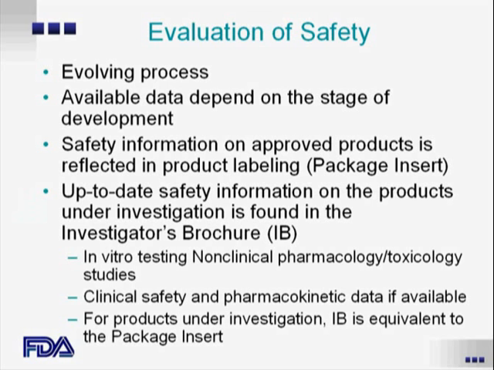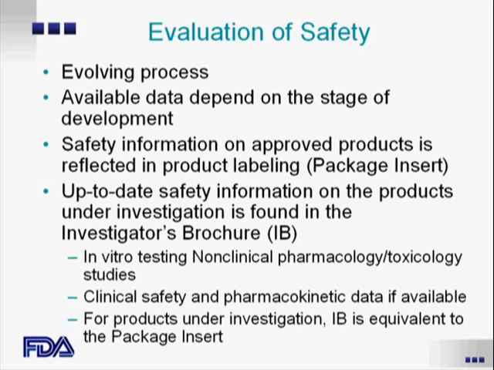Depending on the stage of product development, you may also find data from first studies in humans, and generally these are phase 1 pharmacokinetic studies in healthy human volunteers. And then in addition, there are going to be multiple clinical studies as the development of the product continues.